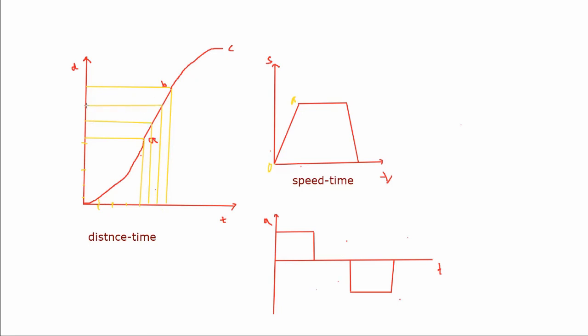As you can see here, as time is divided into three equal parts, the distance covered by the car in this region is also the same for all of these intervals. You can see this gap is the same. That means as the time passed, the car covered the same amount of distance per unit time.